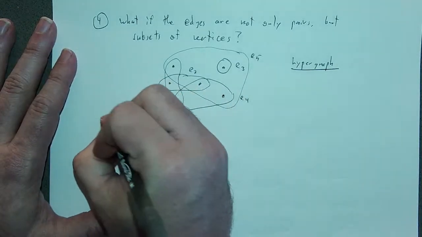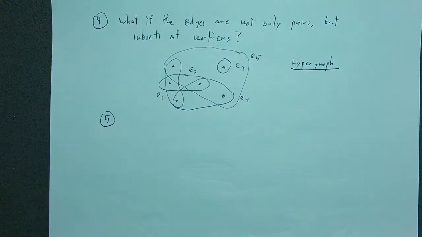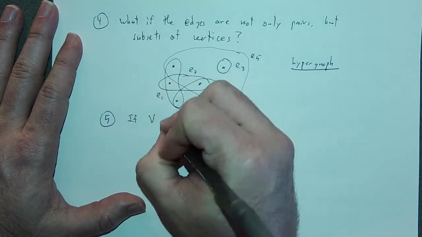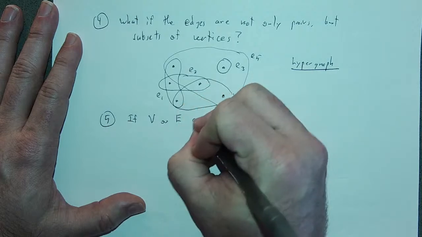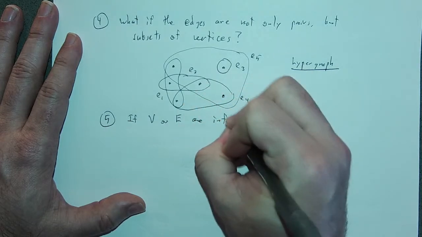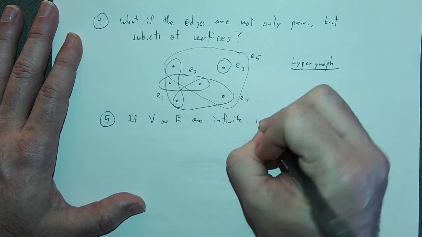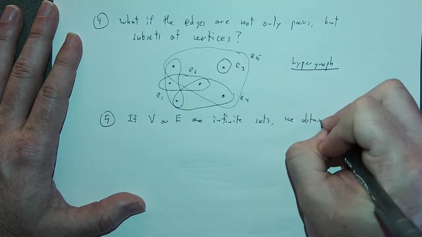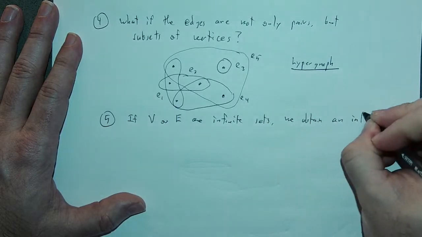Okay, and lastly, there are infinite graphs. So if V or E are infinite sets, we obtain an infinite graph.